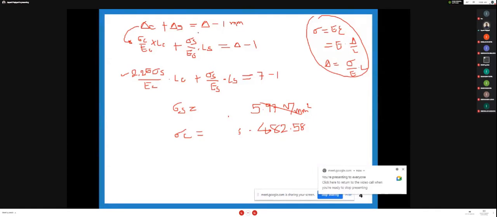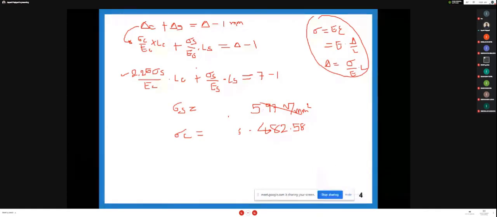You can see your stress value should be in three digits, not more than that. 631.5? 194.44? Yes.